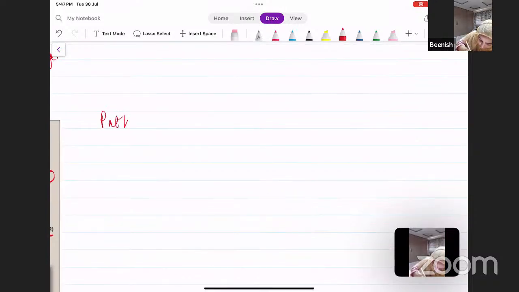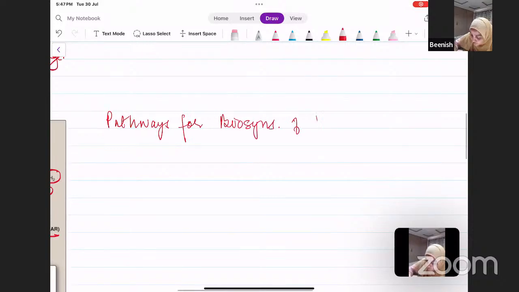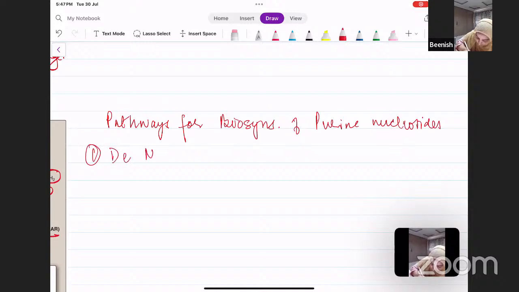The pathways for biosynthesis of purine nucleotides: one is de novo, that is, de novo means anew. That is, nucleotide bases are synthesized from simpler compounds. And the second is the salvage pathway.